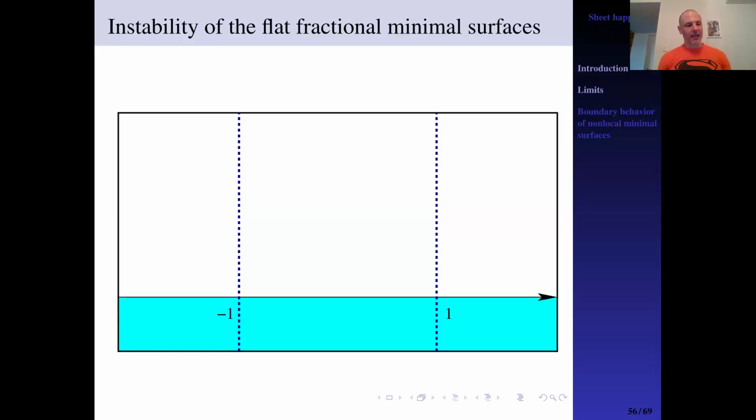So this is a very general phenomenon. It occurs in many circumstances, but I think that the picture I'm going to show is perhaps the most striking one. So consider now your reference set to be the vertical slab, (-1, 1) times R, and take as external datum a half plane.